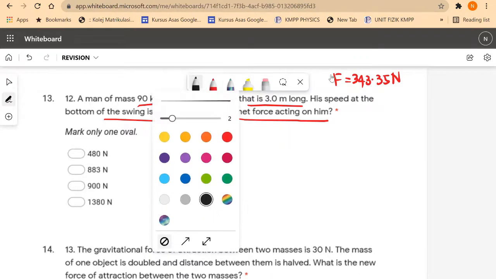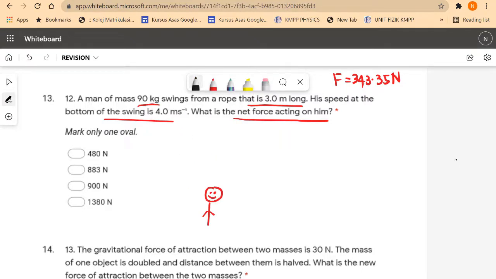This is the rope. So the man makes circular motion.